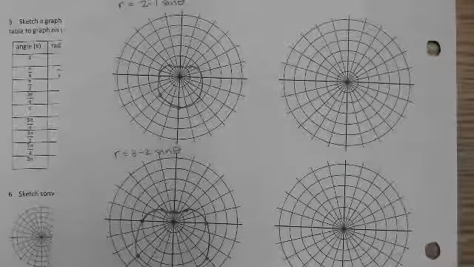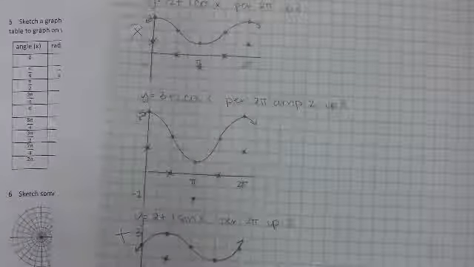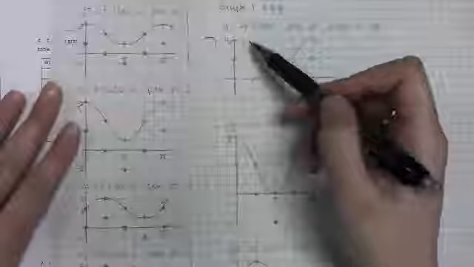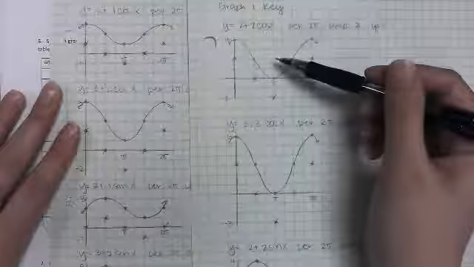Okay, so we're going to talk about the difference between these graphs. Here are the graphs that were used to make this shape, and here are the graphs that were used to make the cardioids. You should be noticing something here. On these ones, the amplitude and the vertical shift were exactly the same number.